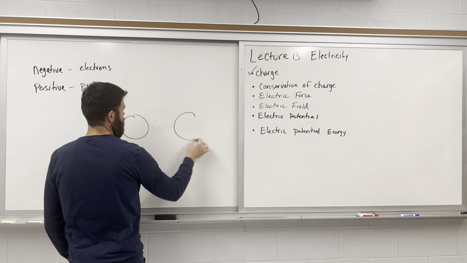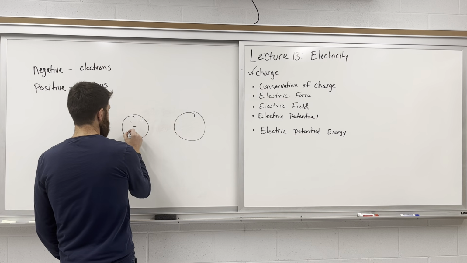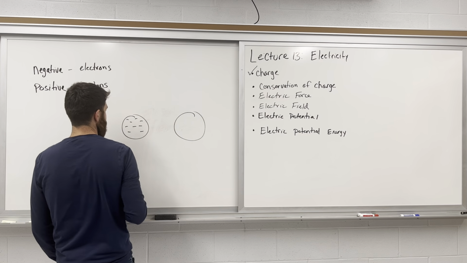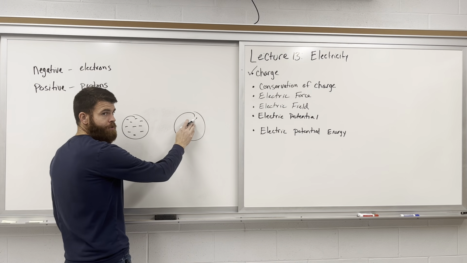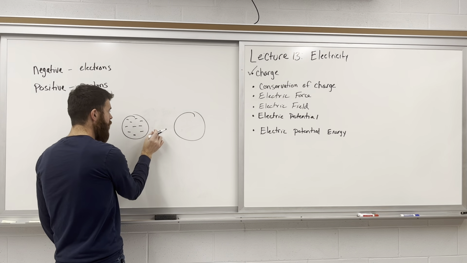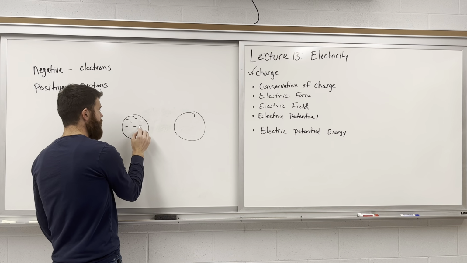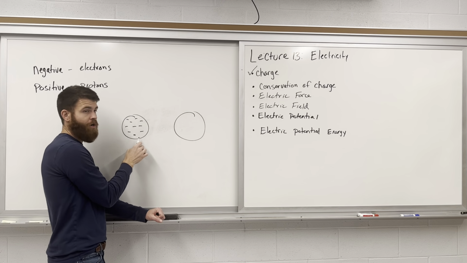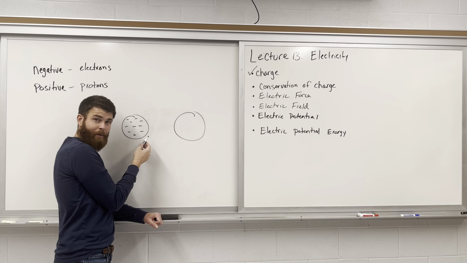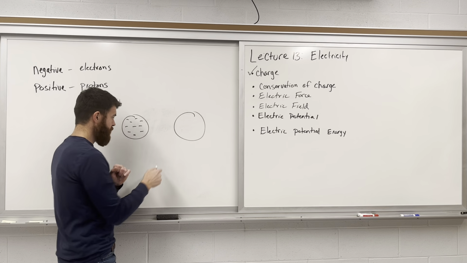Let's say you have a negatively charged object, right? And it has a certain amount of charge, and this is neutrally charged. And you put them in contact, what happens is these charges, these are like charges, there's an excess of negative charge in here. They repel each other, they're going to want to spread out.